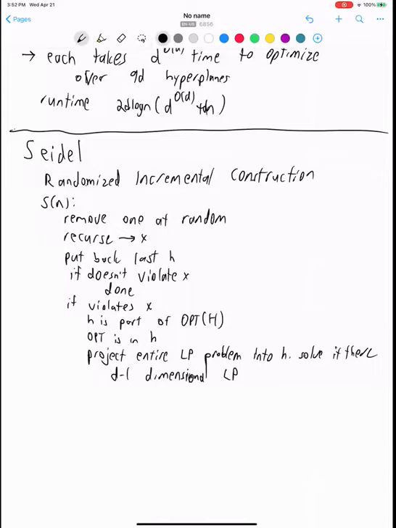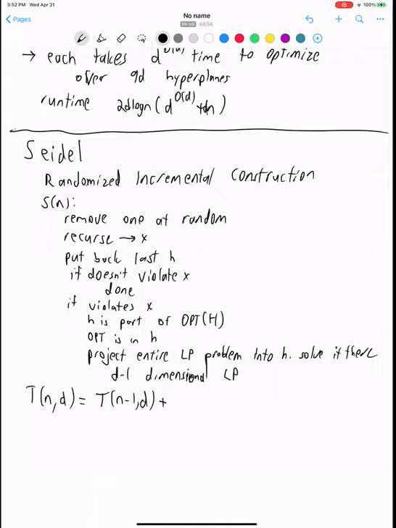Okay. So very simple algorithm, very simple recurrence. If I'm given n hyperplanes in dimension D, I simply recurse on n-1 hyperplanes in dimension D. And then, well, what does happen then?